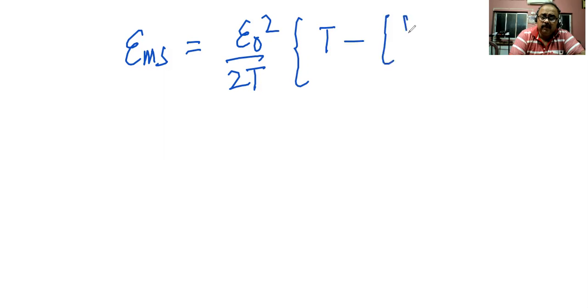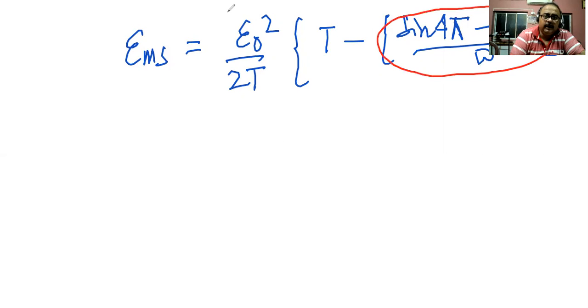Instead of omega t I will write 2 pi. So I'll get sine of 4 pi minus sine of 0 divided by omega. Children, sine of n pi is equal to 0. So this entire term becomes 0.